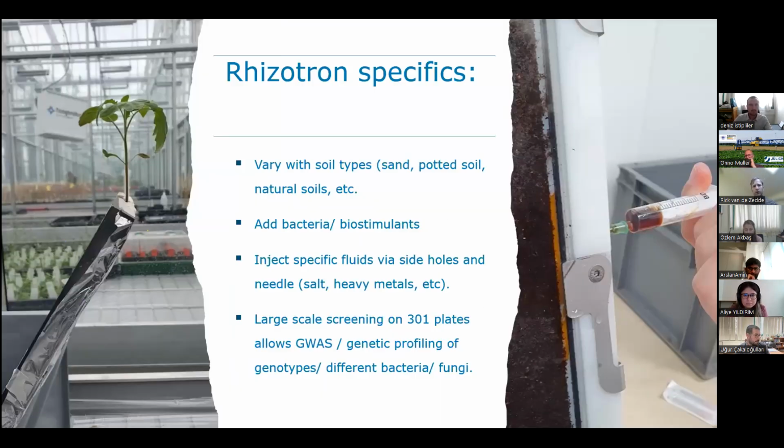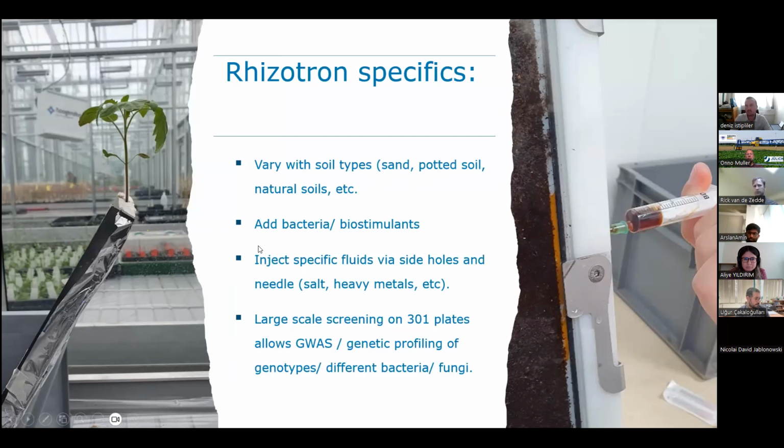So going back to the rhizotron, it is a very complicated, very advanced approach to measure roots, but I think it works for certain applications, right? So we try to be as generic as possible. So we can vary our soil types. We have an option to inject fluids with a needle.